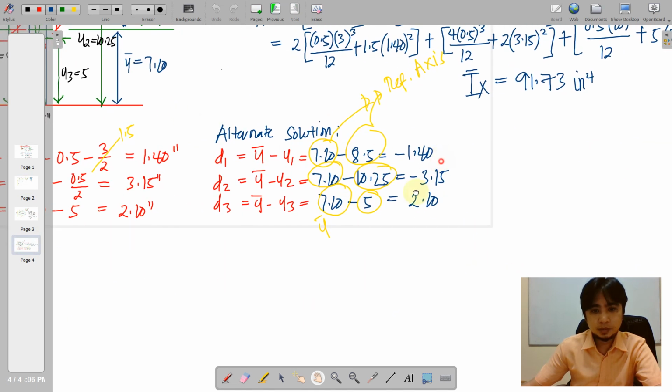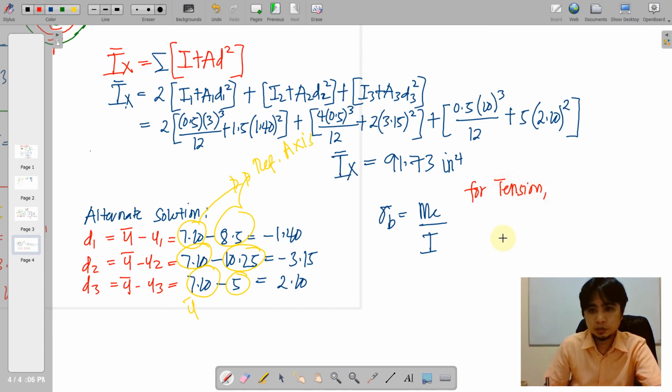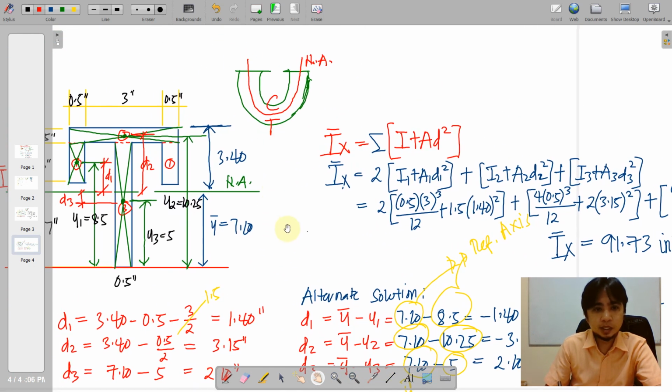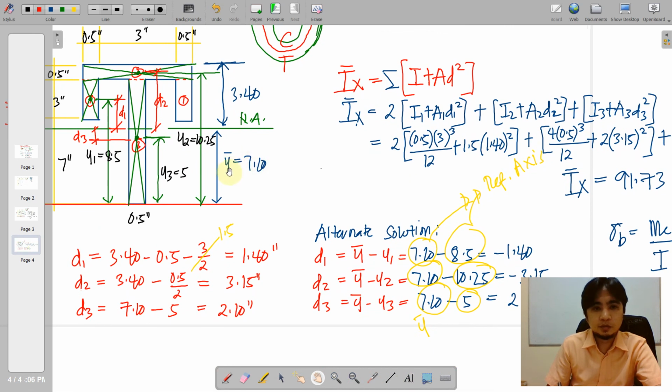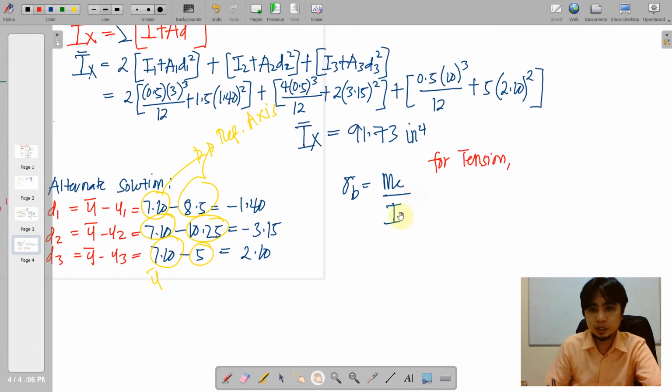Our formula here is sigma bending is equal to MC all over I. For tension, the tension side is at the bottom, and the farthest distance of the tensile zone is actually 7.1.